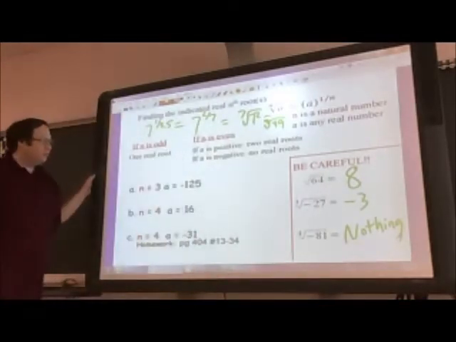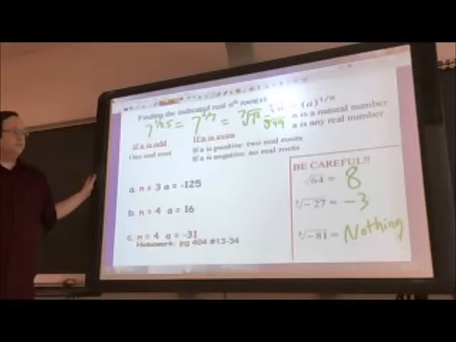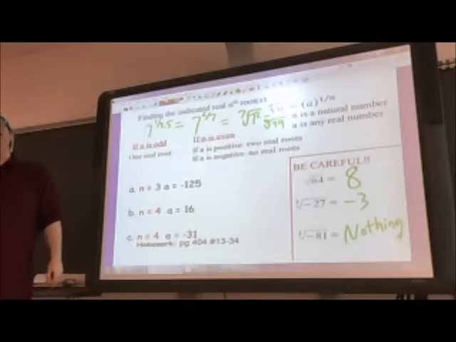If it's any sort of even root and it's a negative, there's no real roots. Okay, that's correct.